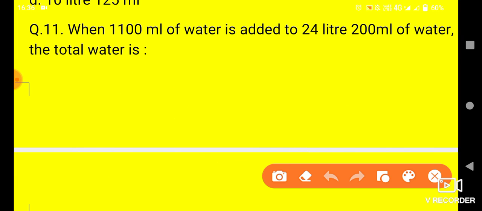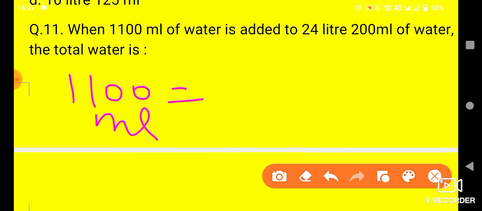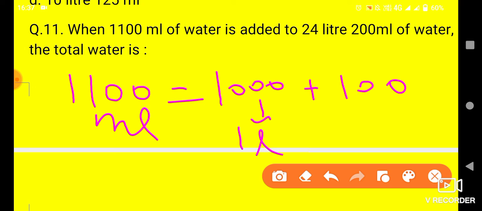Dear learners, you know 1000 ml is equal to 1 liter. We can write this in this way. It will become 1 liter and this is 100 ml.